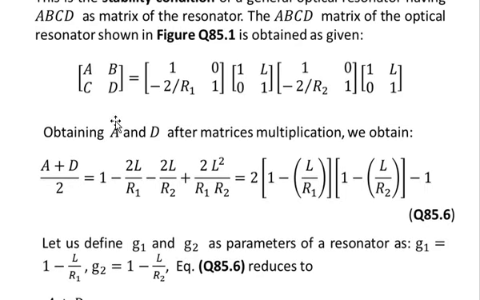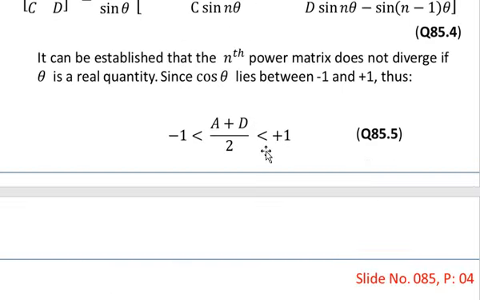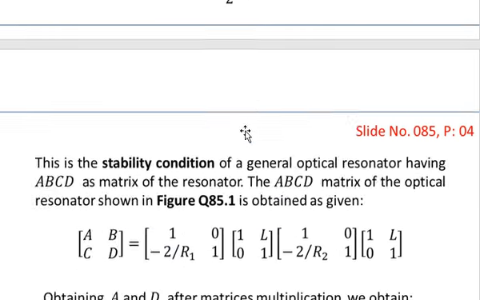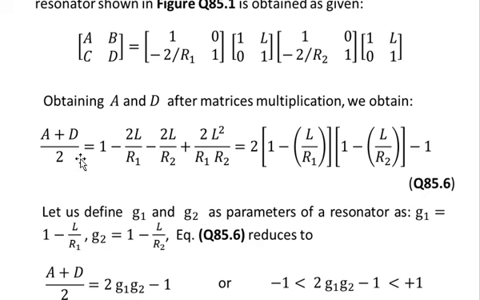I am going to discuss only the A and D parameters of the matrix, because you know that the stability of the optical resonator is given by this condition, which involves A and D, two elements of the ABCD matrix. So I am going to discuss only these two. A plus D divided by 2 is equal to 1 minus 2L over capital R1 minus 2L over capital R2 plus 2L square over R1 into R2.